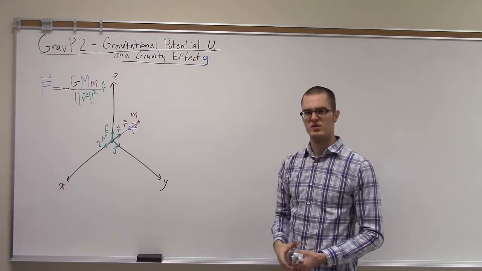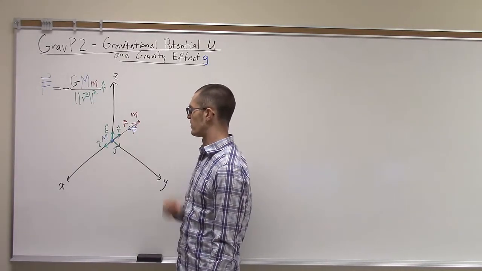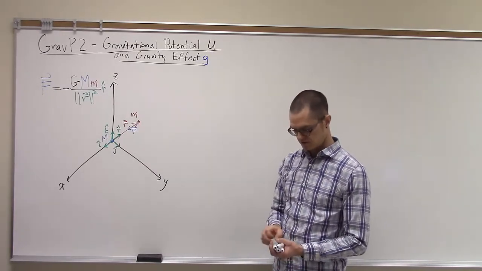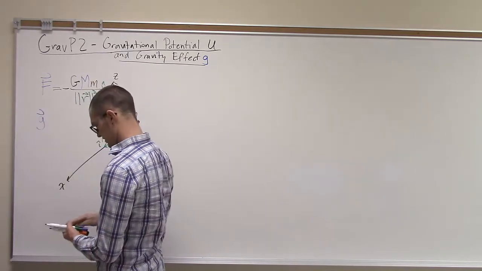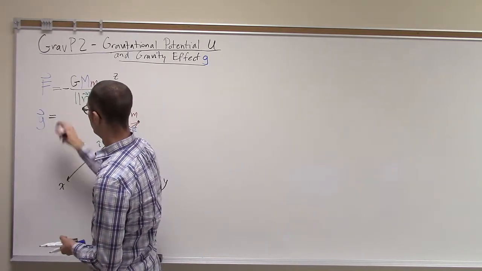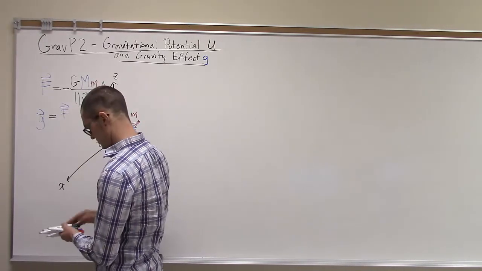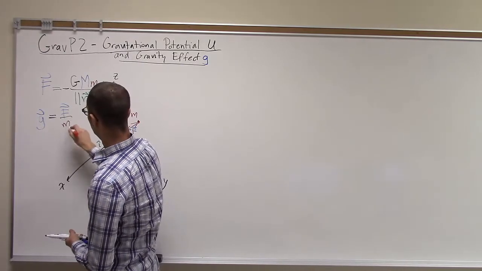Now, let's say that we want to define the gravitational field around big M for an arbitrary mass, m. To do that, we found the concept of the gravitational acceleration, g, useful. g is just equal to F over small m.